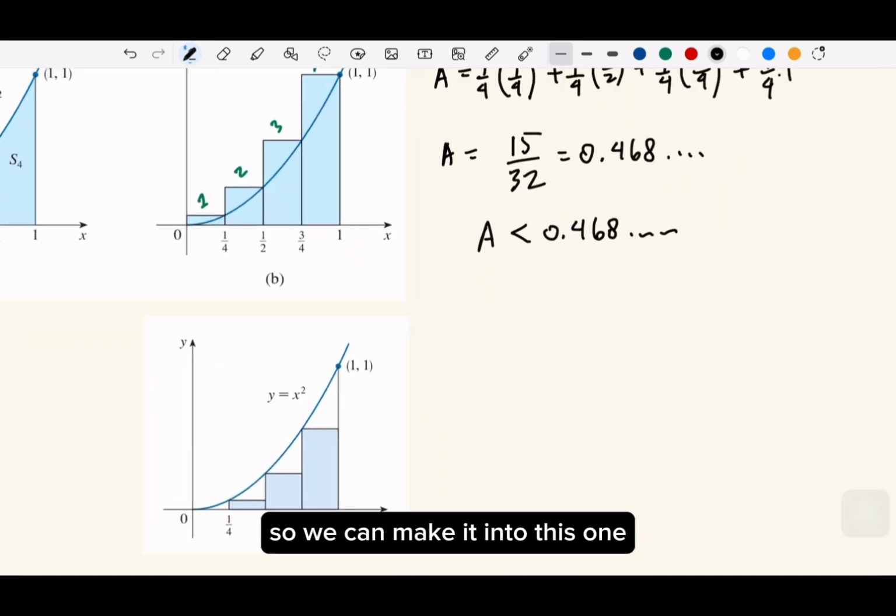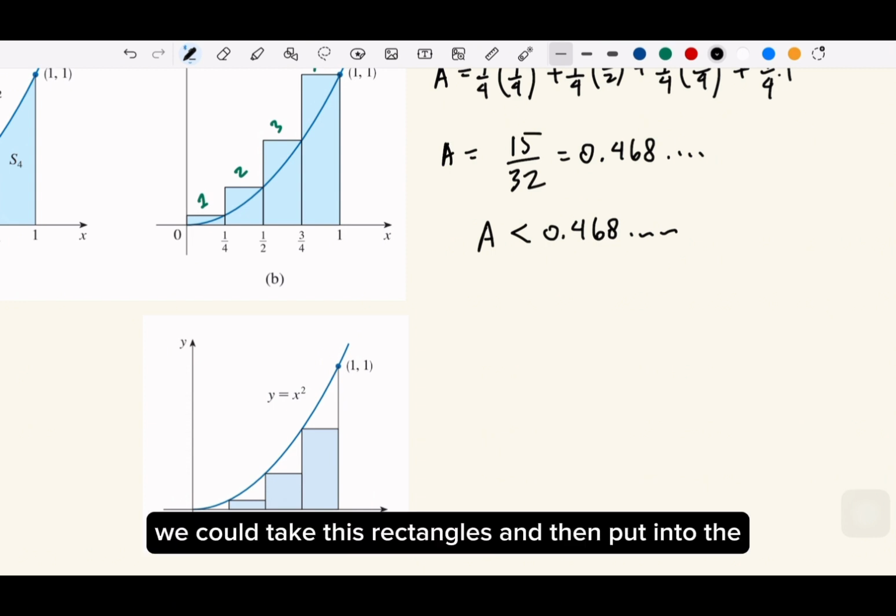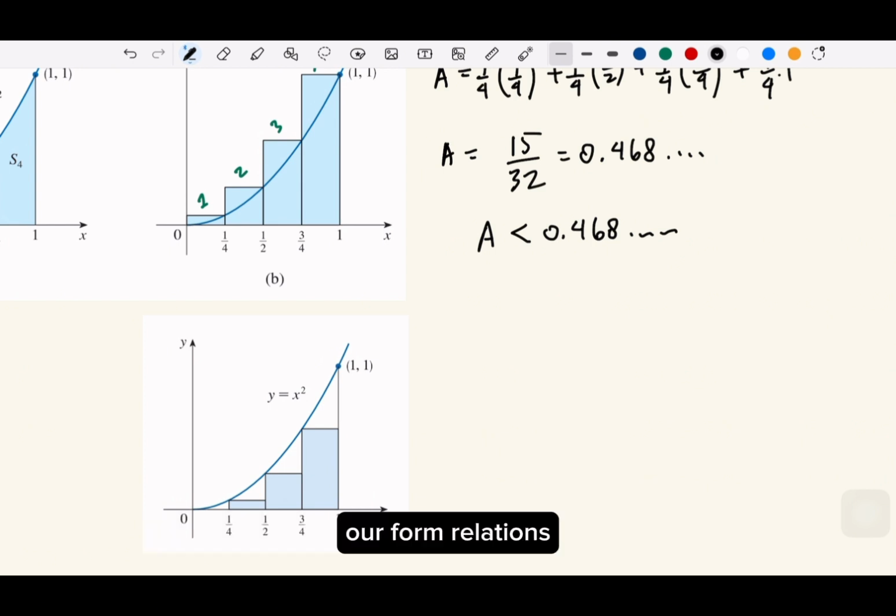It's actually 4 rectangles, but the one rectangle is 0. So we can have below, now it's below. Okay? This is underestimate. The same way, we could take these rectangles and then put them into our formulations.